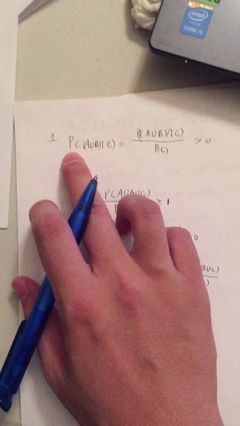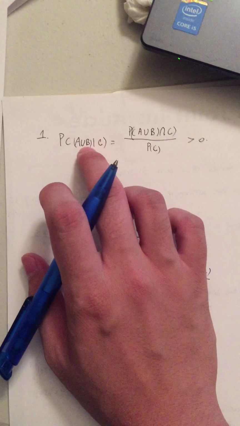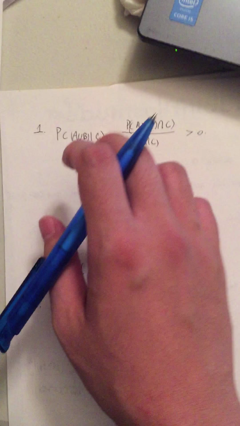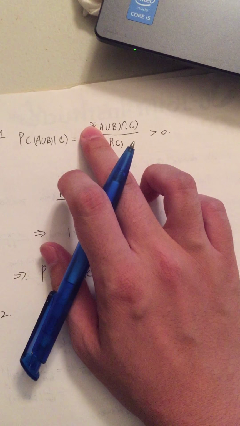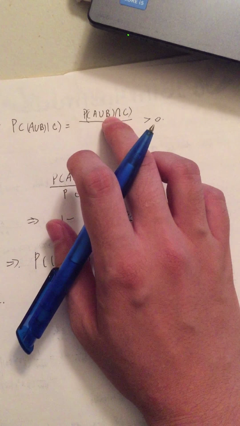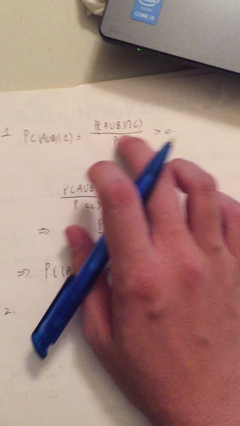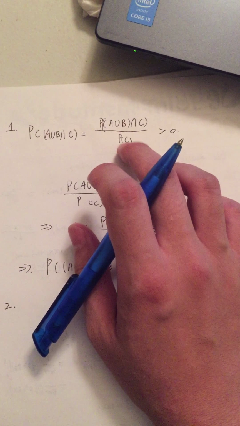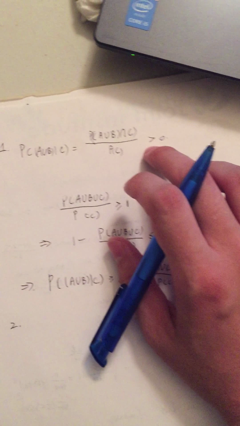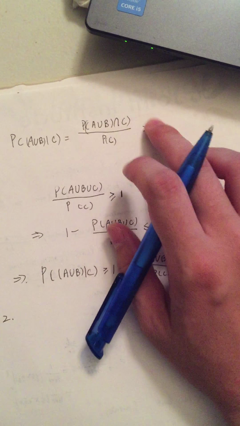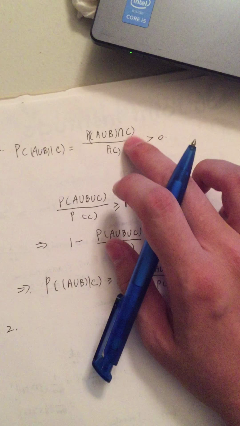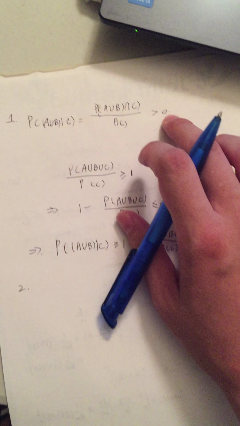So P(A union B given C) is exactly P((A union B) intersect C) over P(C). This is a probability ratio, and both of them are greater than 0, so this one is greater than 0.